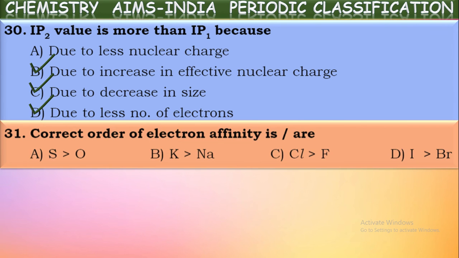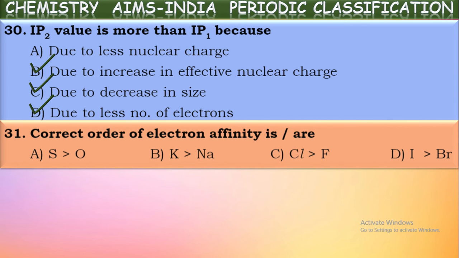Next one, the correct order of electron affinity. What is electron affinity? The amount of energy released by an atom while gaining an electron in its neutral isolated state. Now, in a group from top to bottom, electron affinity decreases because size increases gradually. If you observe the options given, there will be a certain relation between the two elements given in each option.